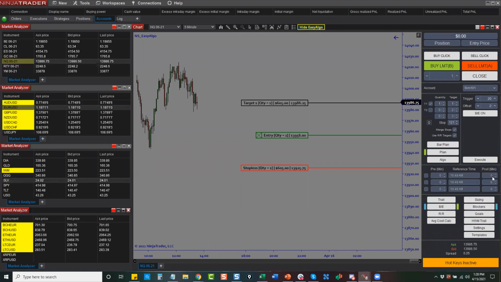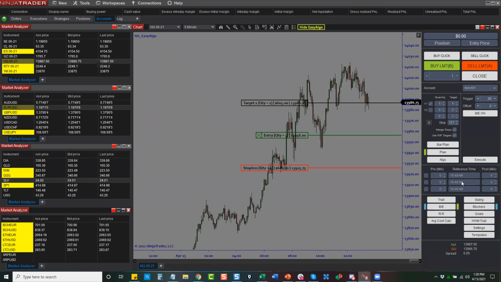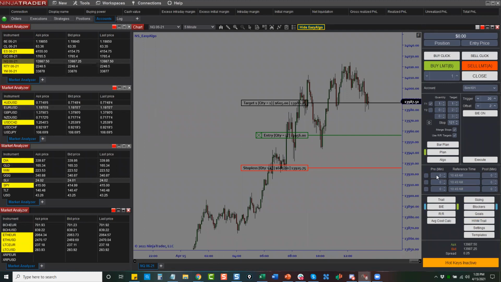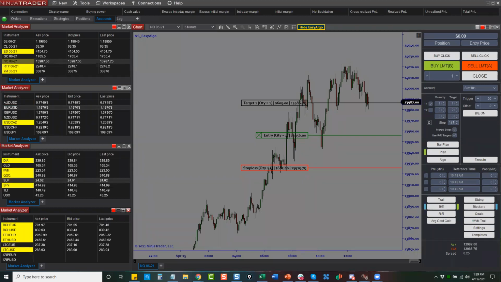So if I know that I don't like trading into the open, I can stop myself from taking trades into the open. Does that make sense? I can set the news times so that if I know news is out at 7, news is out at 10, news is out at 11:30, I can set those times in here and I can put a pre and post window in advance so that I can block myself so that this will not execute trades. It's very, very good from a safety perspective, especially if you're an emotional trader.